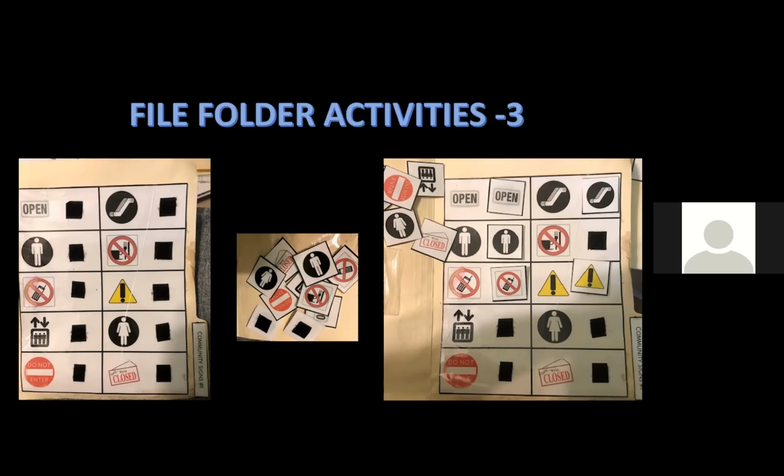But this would be a time that we could talk about, not just matching it, but what that sign means, where you might find that sign, etc. Within this activity book that I used, there's 3 or 4 different activities with community signs.